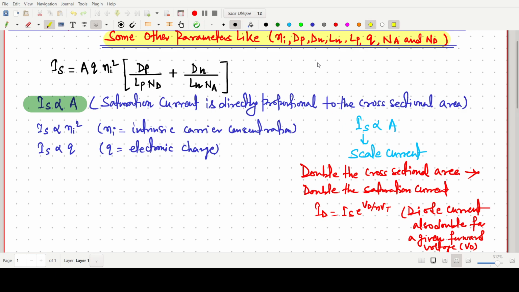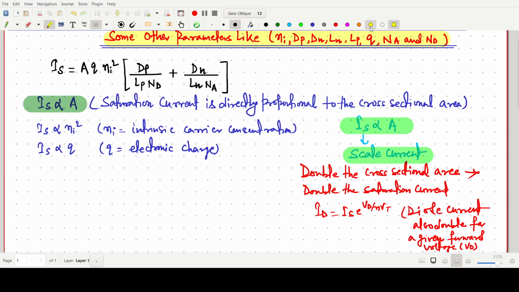Why am I focusing on this? Because many numericals come on this concept. If the cross-sectional area is proportional to this much, what should be the saturation current? It is directly proportional, so Is is proportional to area, and that is our scale current.